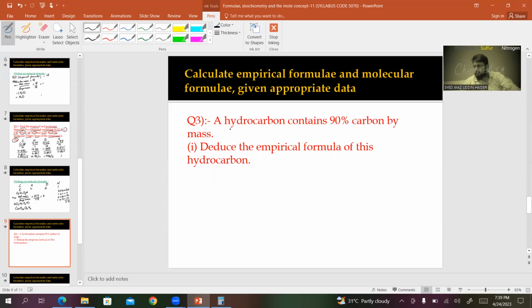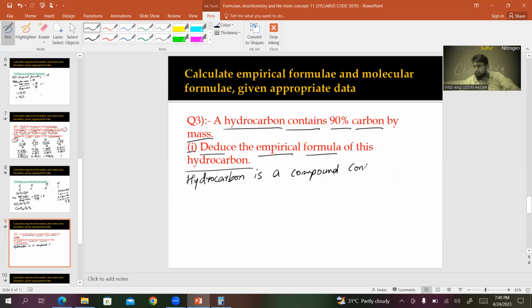Here's another question. A hydrocarbon contains 90% carbon by mass. Number one, deduce the empirical formula of this hydrocarbon. First of all, you should know what hydrocarbons are. A hydrocarbon is a compound containing hydrogen and carbon only.